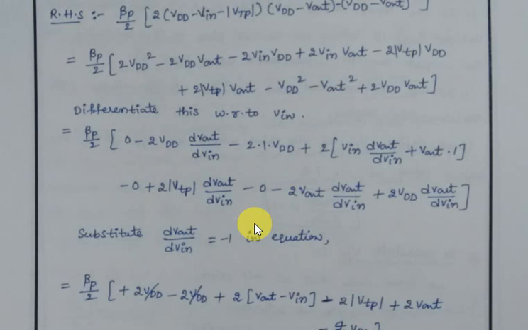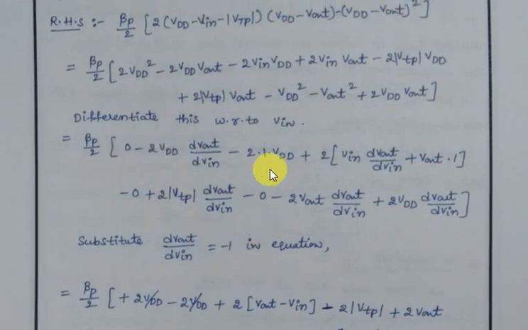When you differentiate, you get dVout by dVin in between, a common term. As we said, dVout by dVin is -1, so we substitute -1 in this equation.